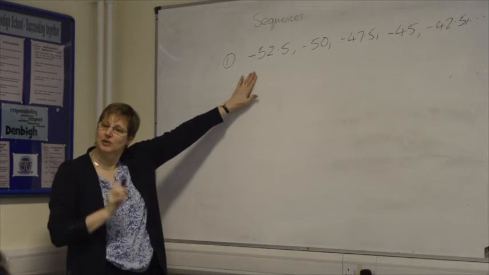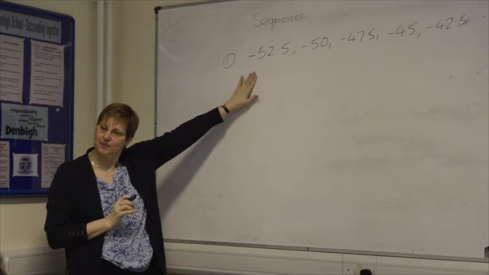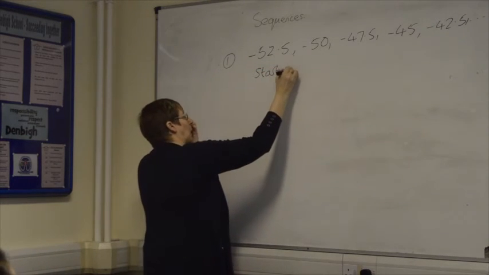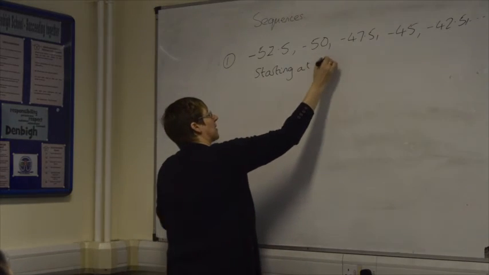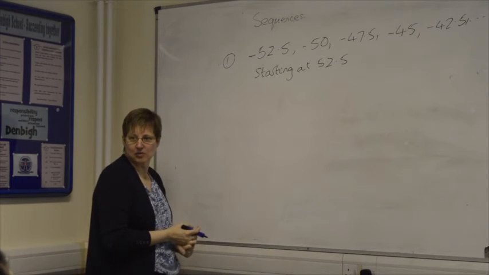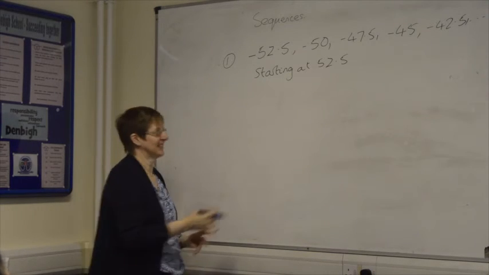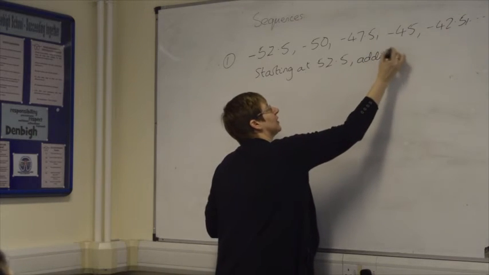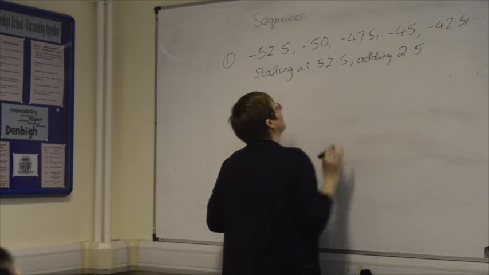So what's the rule in words? Start at minus 52.5 and go down by 2.5. Are you sure we're going down by 2.5? Oh, we're going up by 2.5. We're adding 2.5. Right. Okay.